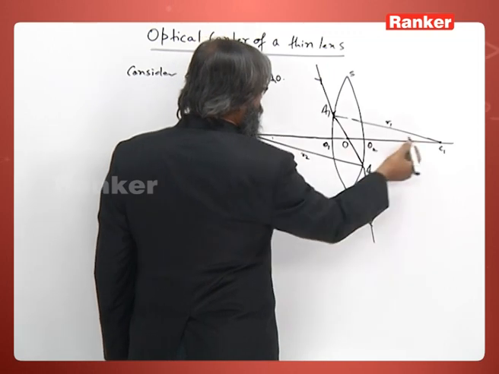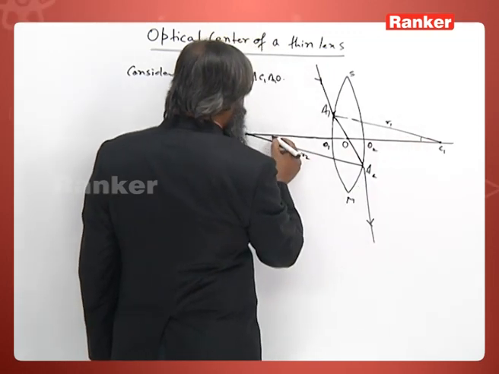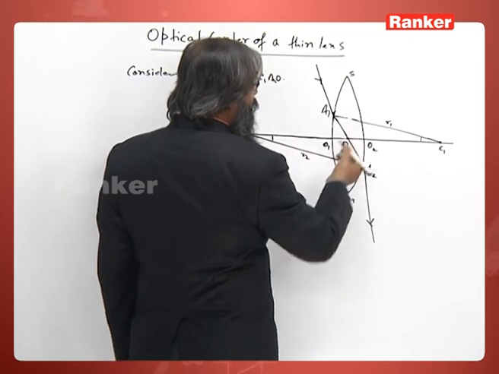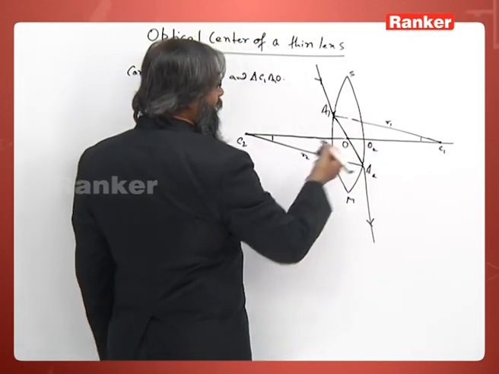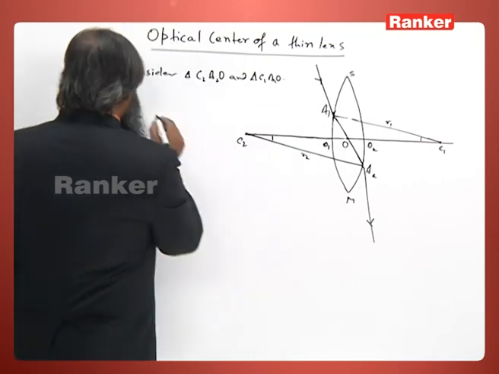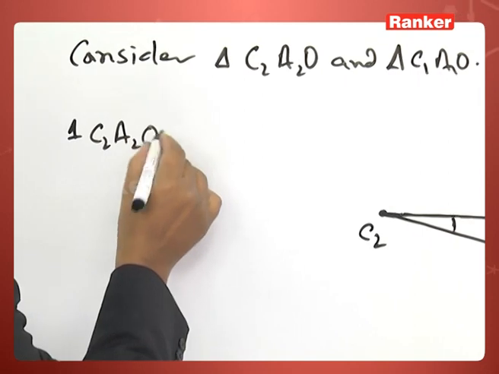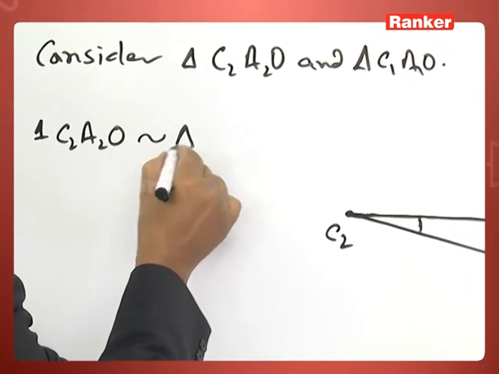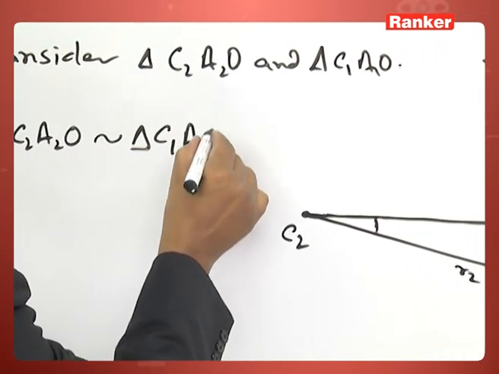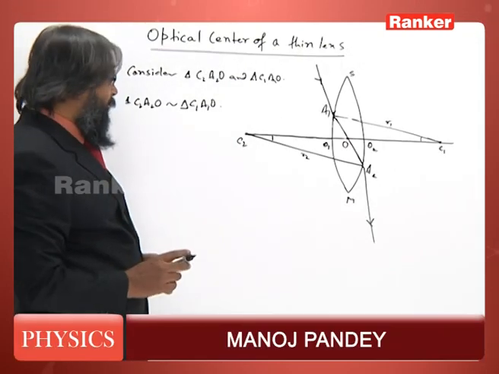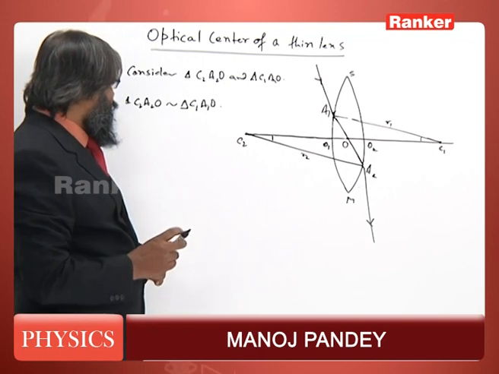So, this angle is equal to this angle, alternate angles. This and this angle are equal because of opposite vertical angles. So, you see these two triangles C2A2O and C1A1O are similar, equiangular.